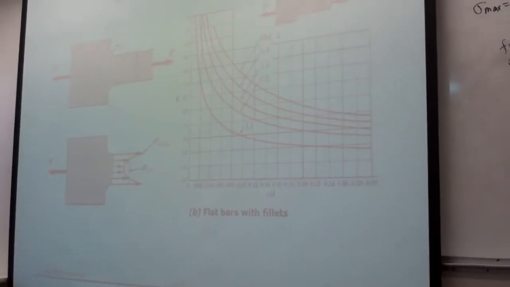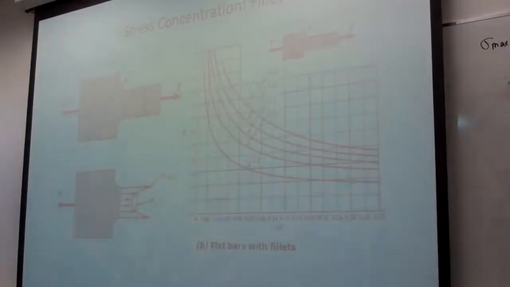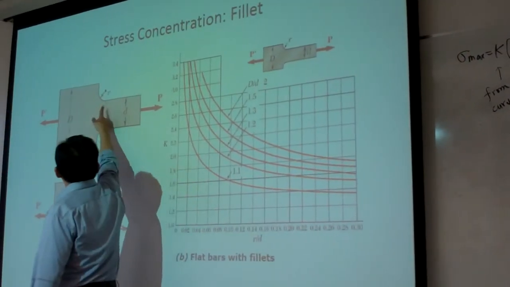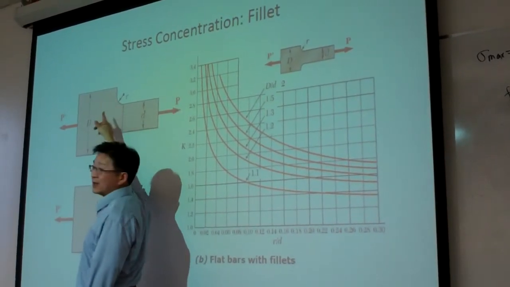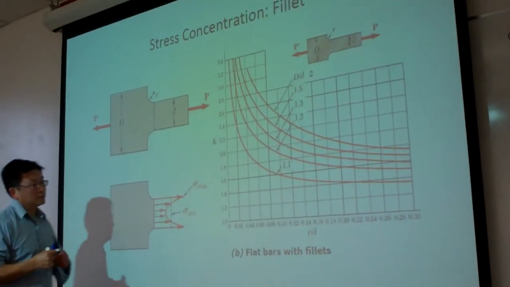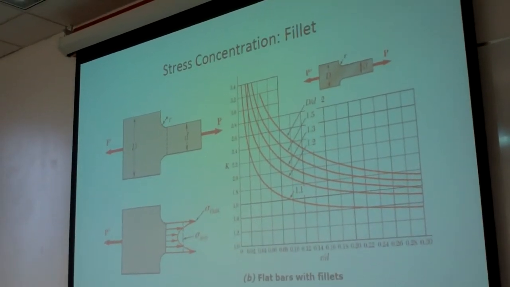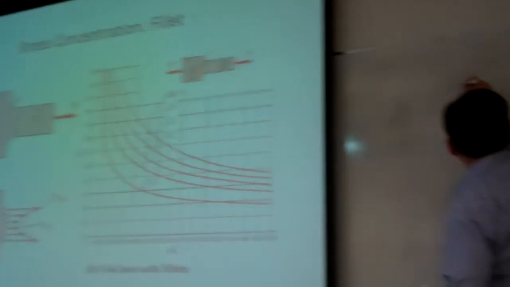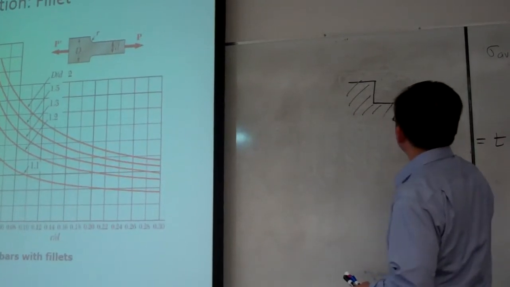The second example, the material model, is where we have a fillet. So that means we try to curve the angle here. If the angle here is not curved, then I can tell you the stress. For example, if we have the material model just like this, and that is perfectly 90 degrees here, so this is our material.